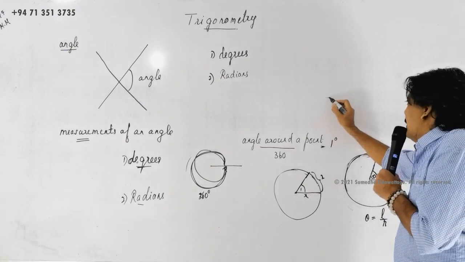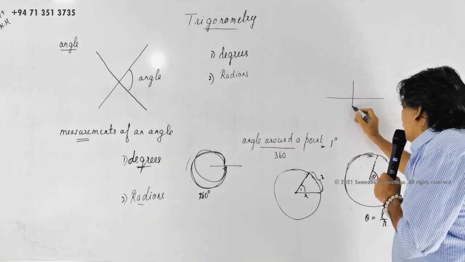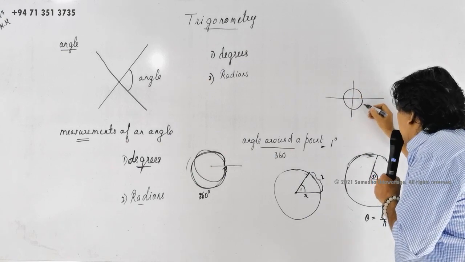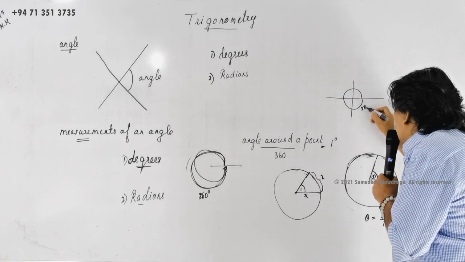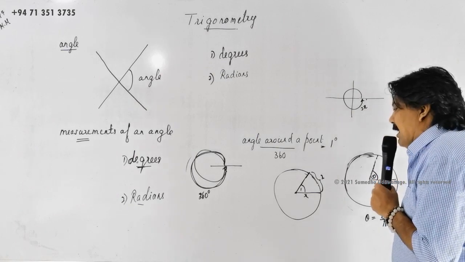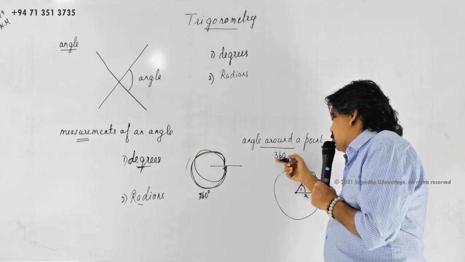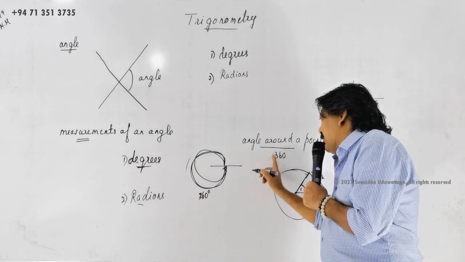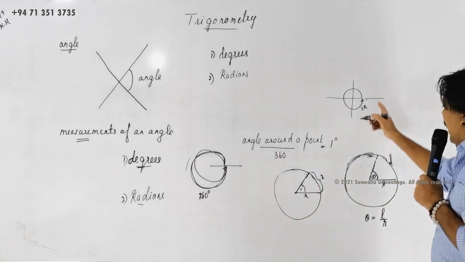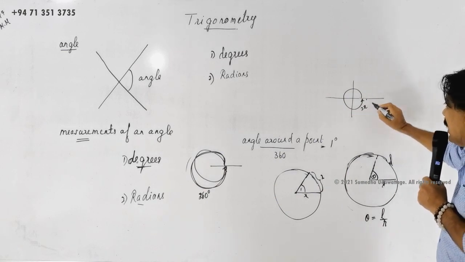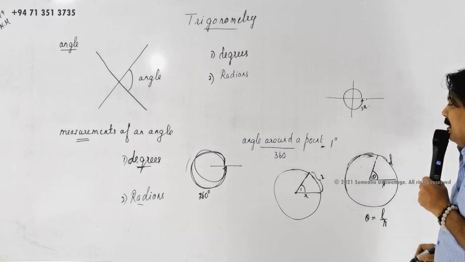When talking in radians, the angle around a point is taken to be 2 pi. You have to remember that the angle around a point in radians is 2 pi.